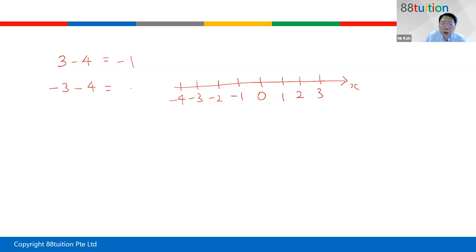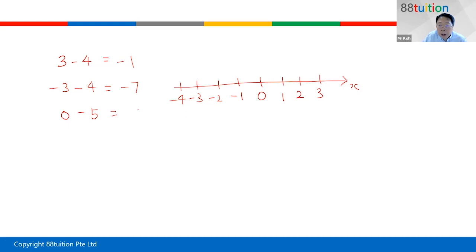Farrell, do you know? -7. Very good, negative 7. Okay, so what happens if I have 0 minus 5?